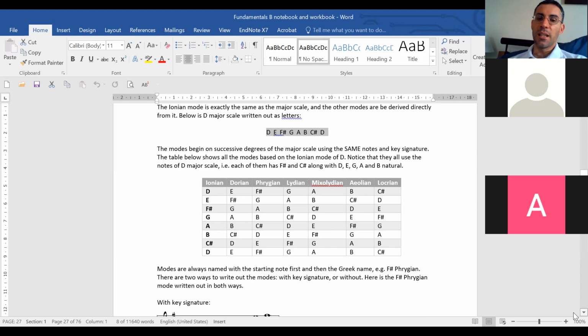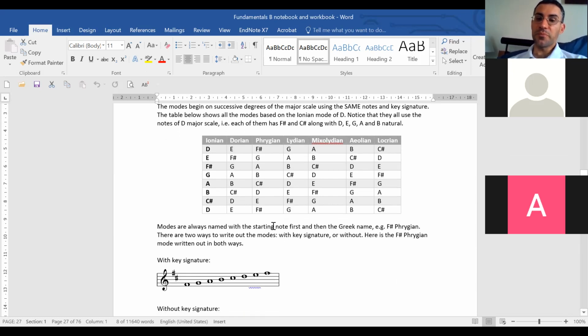The important thing is, there's several important things here. All of these modes, the Ionian, Dorian, Phrygian, Lydian, Mixolydian, Aeolian, and Locrian, all have the same key signature for this pool of notes.